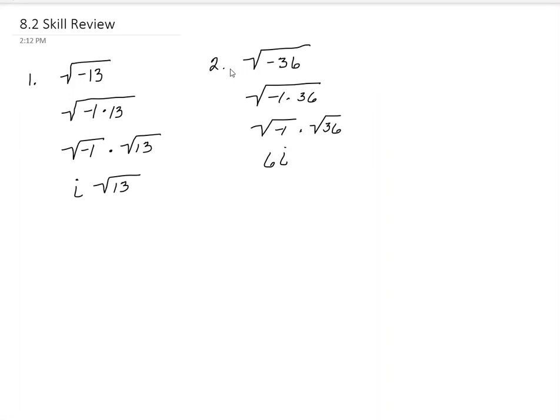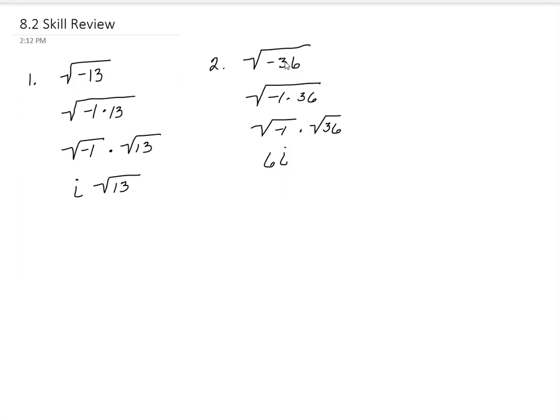Now, one thing I do want to point out with the difference here between problem 1 and problem 2 is that when you look at the number that's under the radical sign and just look at the absolute value of 36 and 13, you know that 36 is a perfect square, 13 is not.